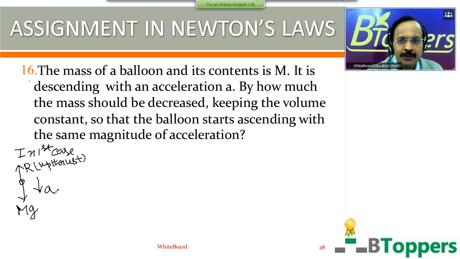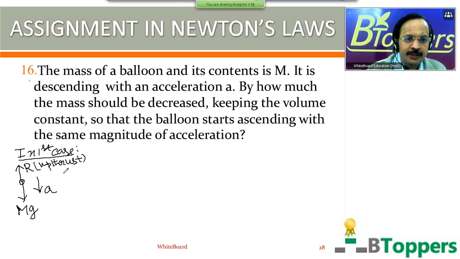Whatever calculation I am doing for question number 16, the same calculation also applies for the next question, question number 17. That means I am going to use the result of this question directly for the next question. So here I choose the downward direction of the motion as the positive direction in the first case.